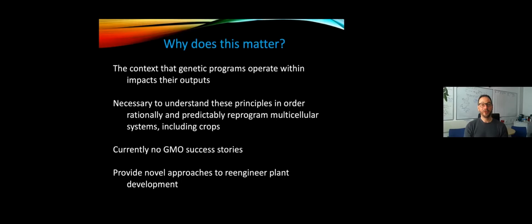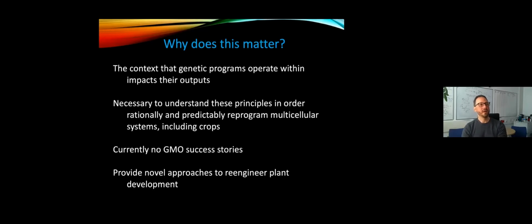Why does this matter? Well, the context that genetic programs operate within impacts their output. So what we're trying to do here is to understand how the hardware, how the configuration of cells, is controlling the outputs of genetic programs. We have really limited GMO success stories. I would say no GMO success stories, except for putting bacterial genes in plants, like Roundup Ready or BT.